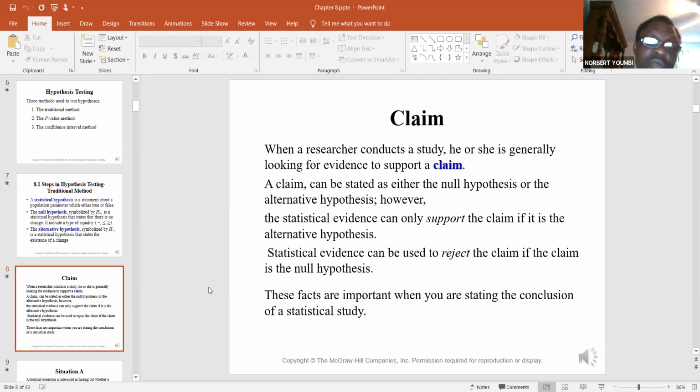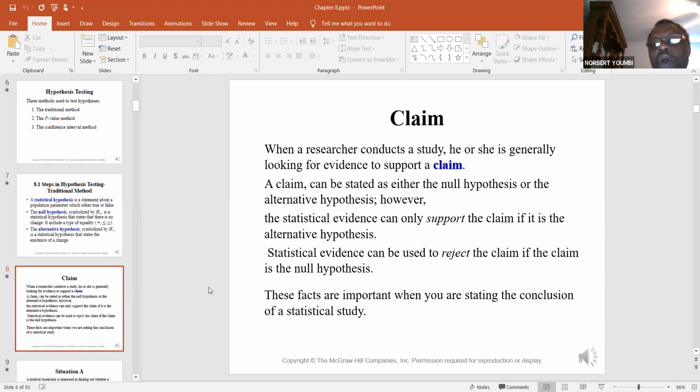So essentially what we are saying is that when the claim is the null hypothesis, our conclusion will be about rejecting or not rejecting it. When the claim is the alternative hypothesis, our conclusion will be to support or not to support it. But we will also get to the step of decision.